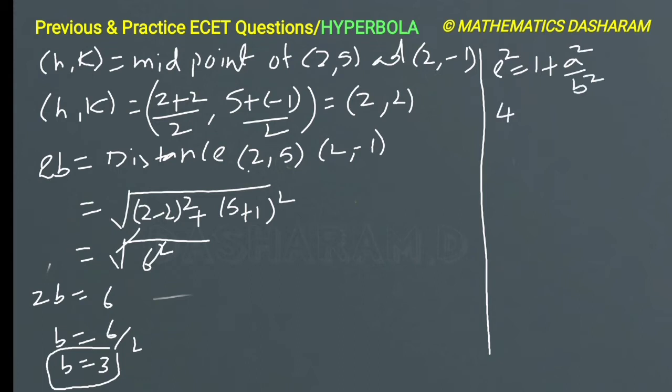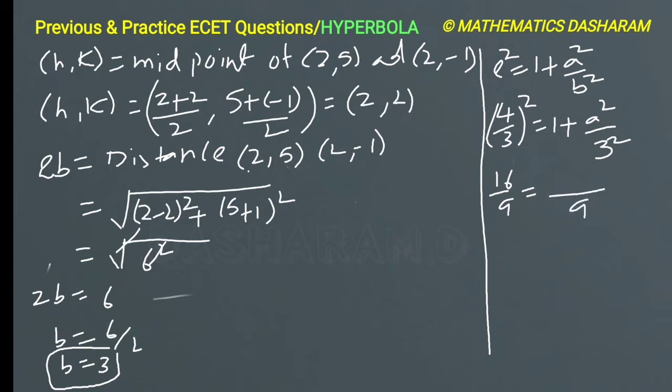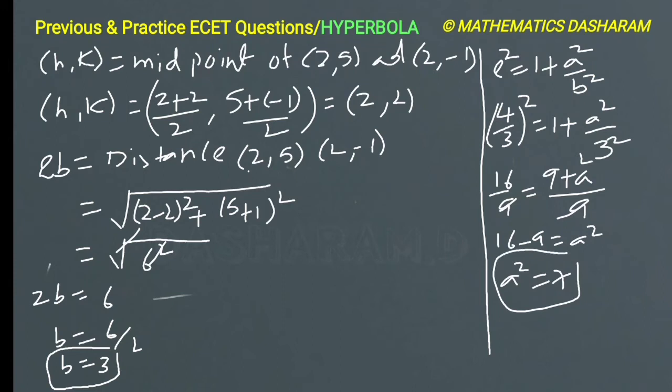The e value is already given in the question, so (4/3) whole square equals 1 plus a square divided by b square, b value 3, so 3 square is 9. So 16 divided by 9 equals, here 9 is the LCM, (9 + a square) by 9, 9 cancel. So then 16 minus 9 equals a square. 16 minus 9 is 7. So a square equals 7. No need to find the a value.